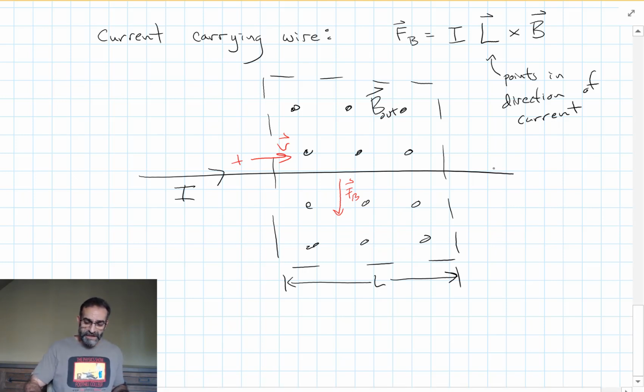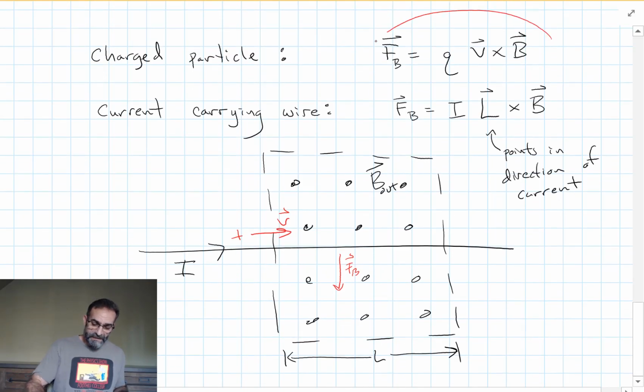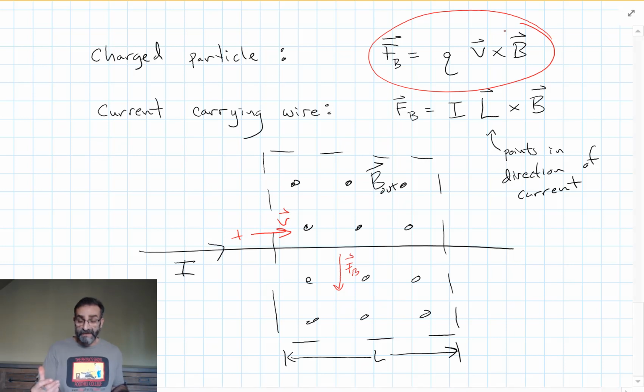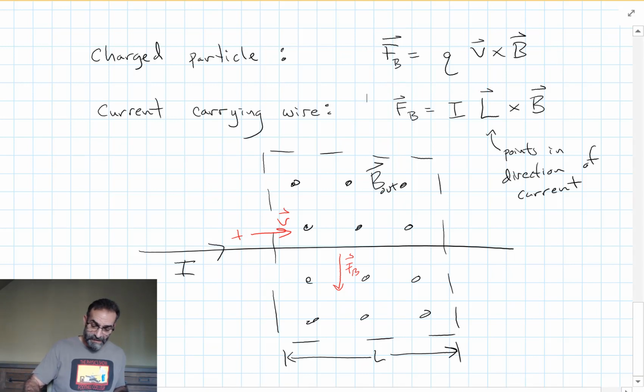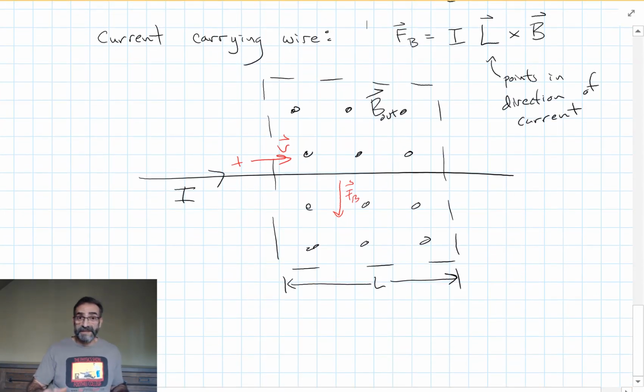We can still use this right-hand rule to give us the direction. A positive charge moving to the right gives us a force that points towards the bottom of the page. Or you could think of the current moving to the right, crossed into the magnetic field, gives you a force pointing towards the bottom of the page.